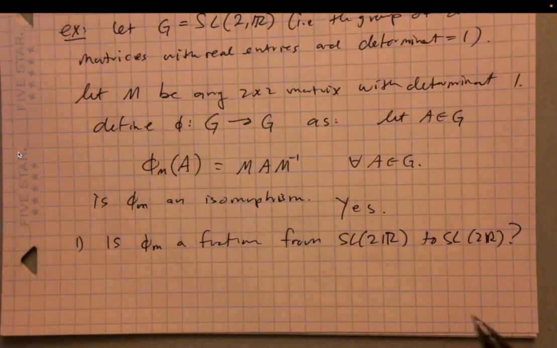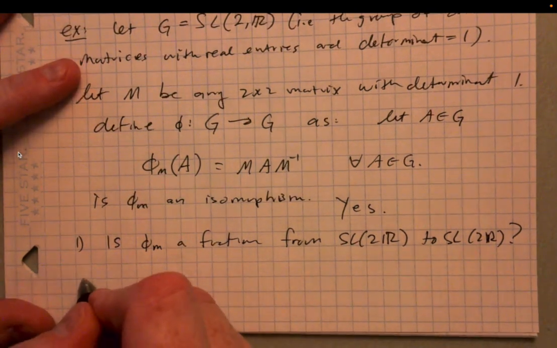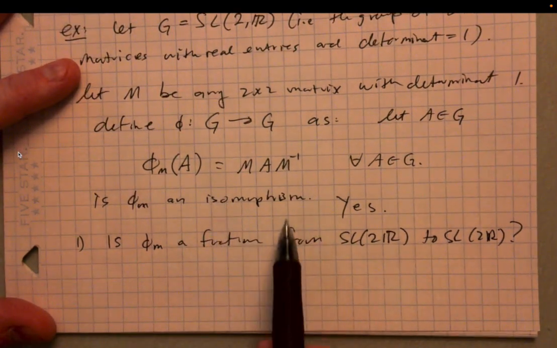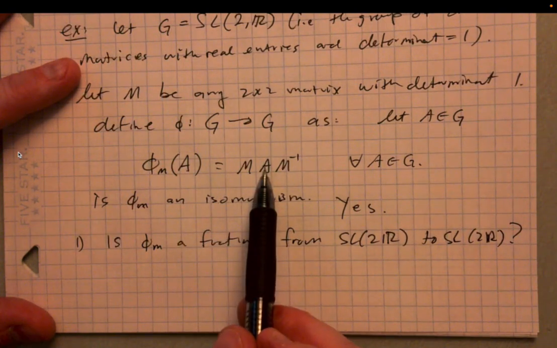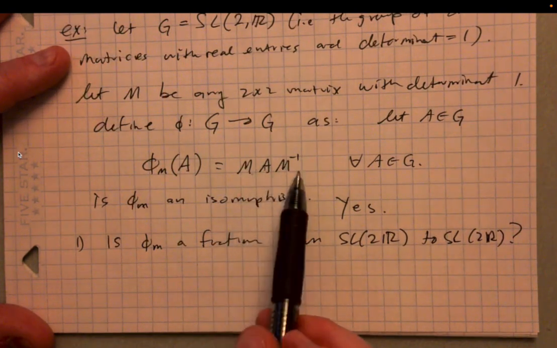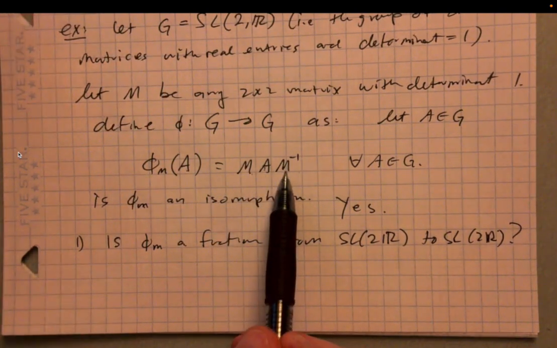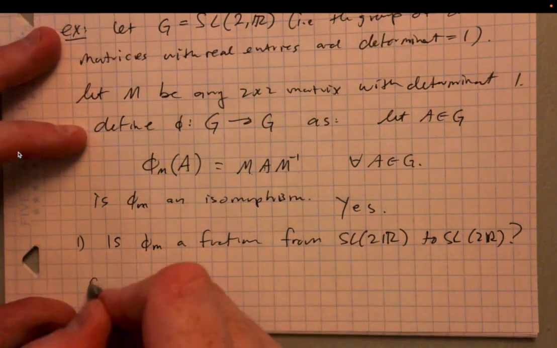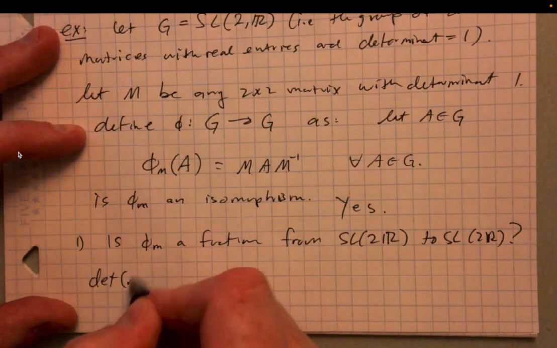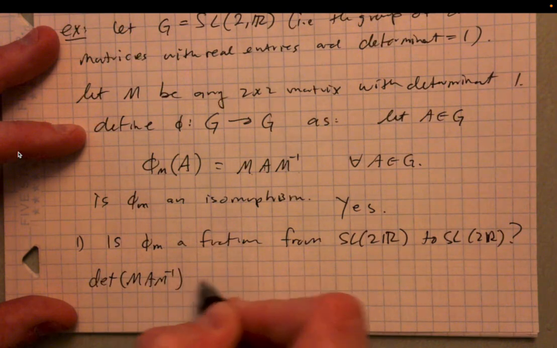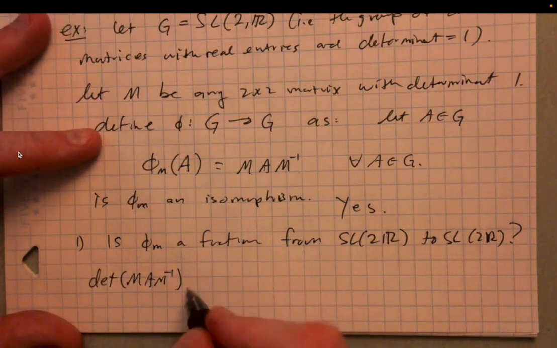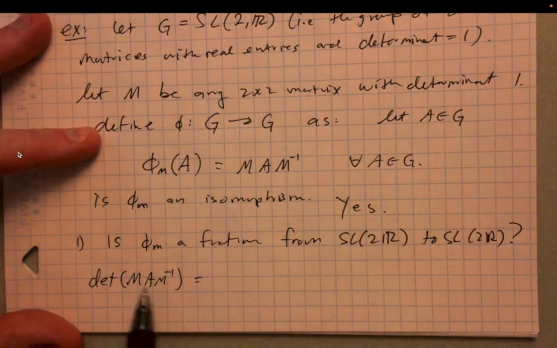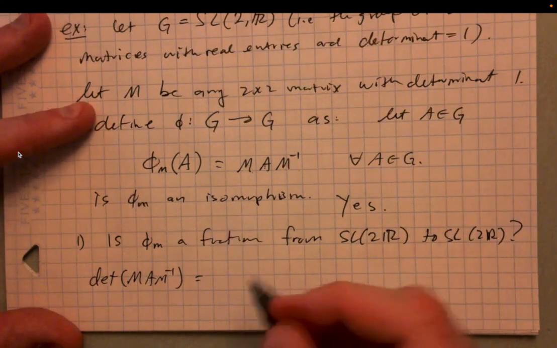Is that true? It is true. Let's see why. A is in SL2R, and M must be in SL2R as well because it's 2 by 2 with determinant 1. What we need to show is that the determinant of the resulting matrix, M A M inverse, equals 1.